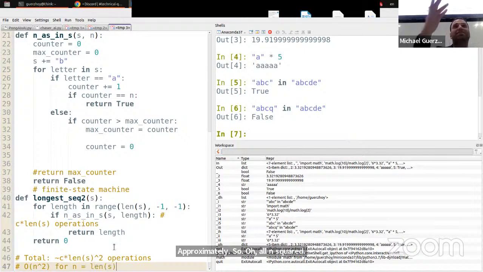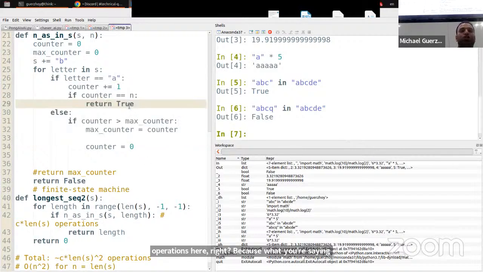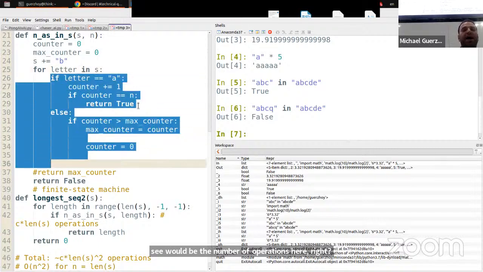Yes. So C would be the number of operations here, right? Because what we're saying is, in the worst case, if we don't return early, so if we never get to this return true, what's going to happen? Well, this guy is going to run length of S times.